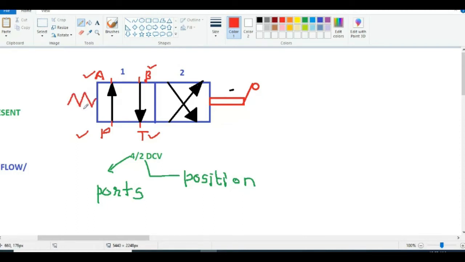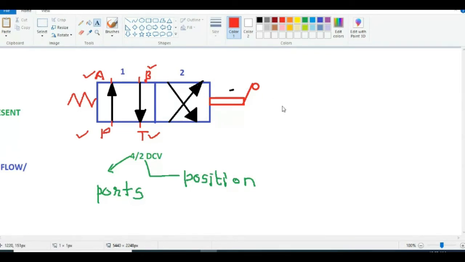Because of the spring force, it is returned to the initial position, and because of the lever, we are going to actuate the second position. By default the first position is actuated, and if you actuate it, the second position is going to actuate.